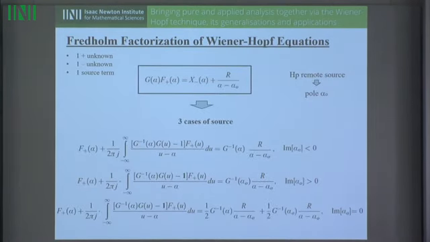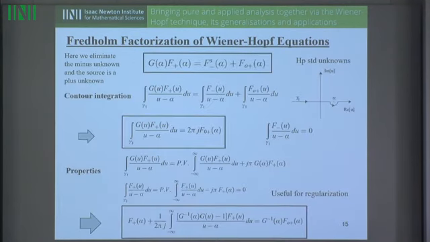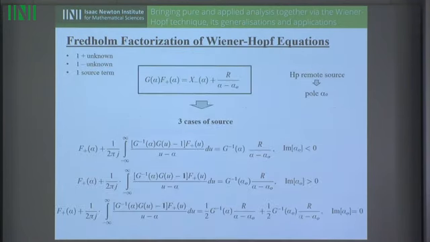Okay, let's go back. We know that in scattering, when you illuminate the problem with plane waves, we have f0 plus, which is a simple pole function. Simple pole functions can be in the lower half plane or in the upper half plane, depending on the incident angle.